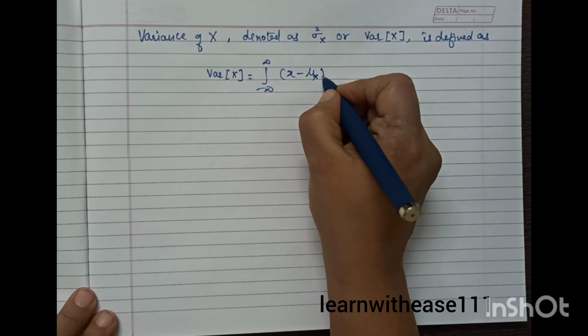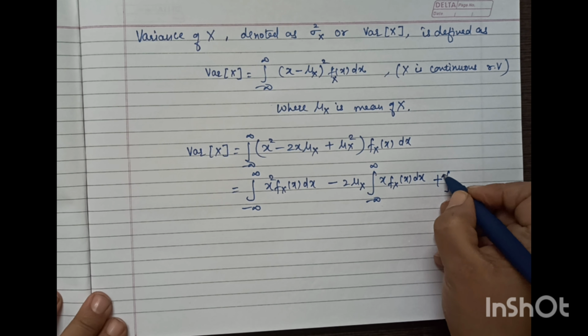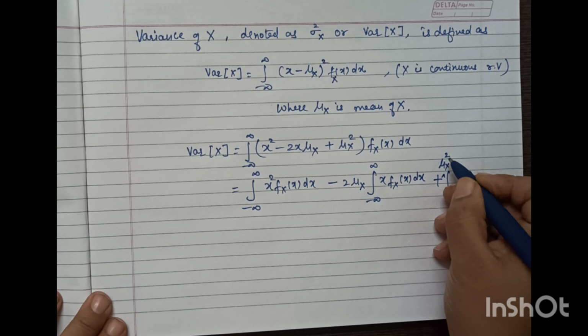Once found, the mean will be fixed, a constant quantity. The running one is x. Same, mu x square is a fixed quantity. Mu x square I need to write outside the integral.